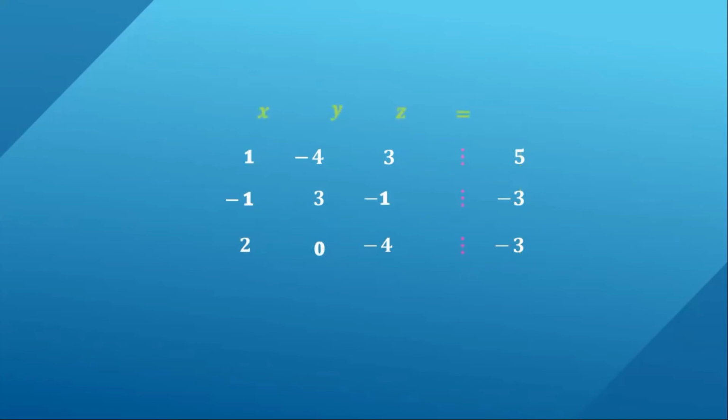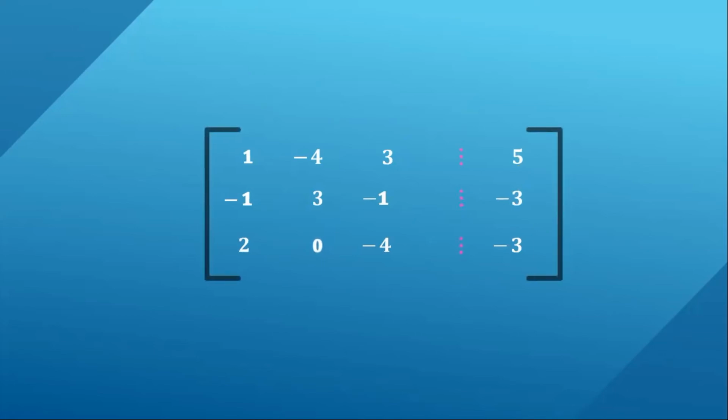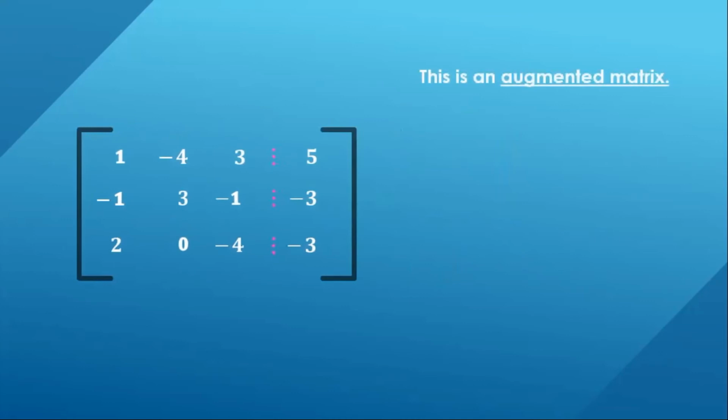It's just understood that everything in that first column is the coefficient of an x. Everything in the second column is a coefficient of a y, and so on. To indicate that we're using this sort of organizational scheme, we put it in large brackets. This is called an augmented matrix.